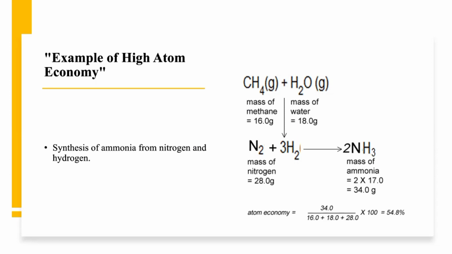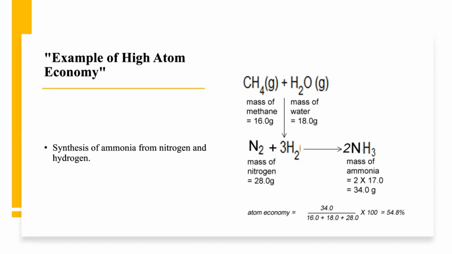But in this case, which is high atom economy, we have to add the masses of methane and water also to the total mass of the products, and then multiply by 100, and we get the 54.8% ratio.